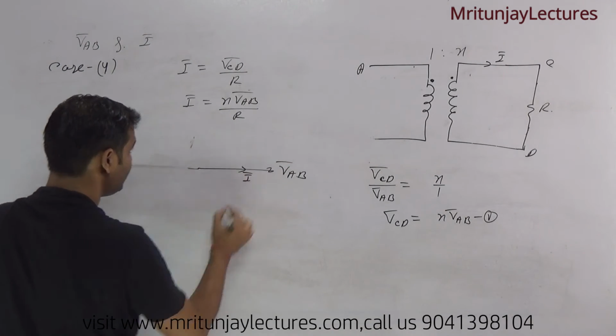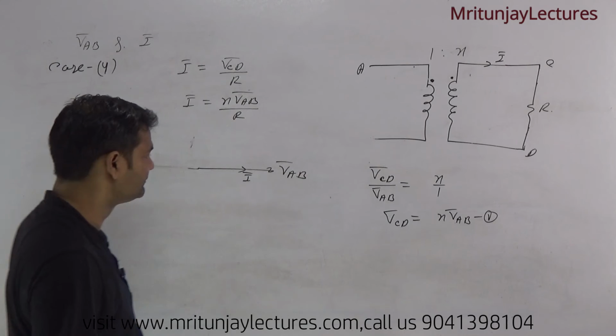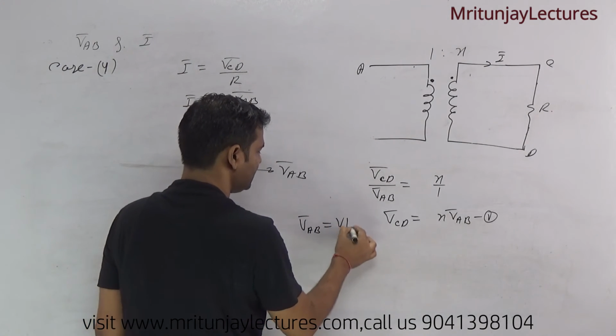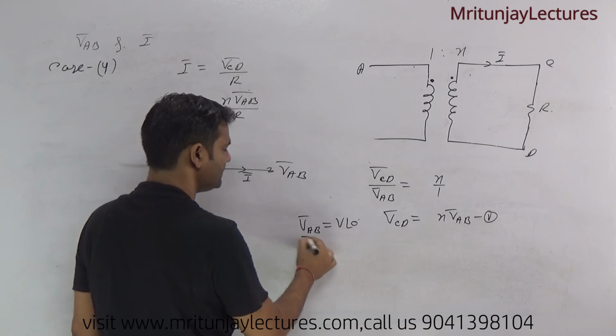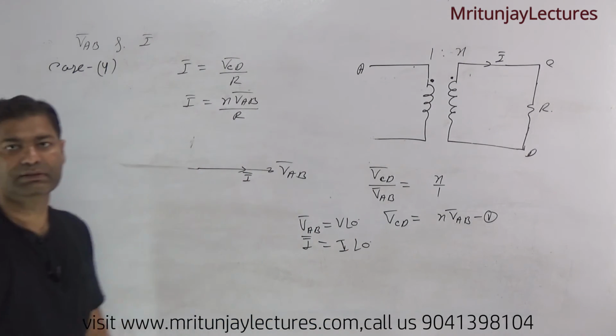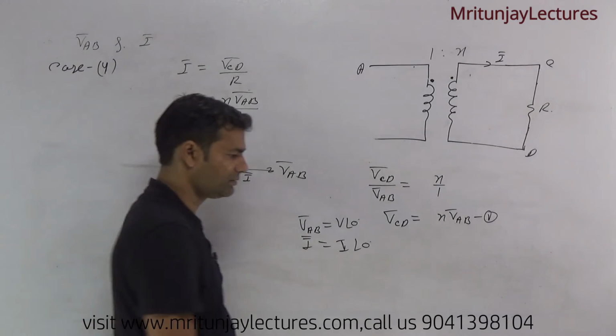Same phase. If V of AB is equal to V at the angle 0, then I is also written as I at the angle 0. Both are in the same phase.